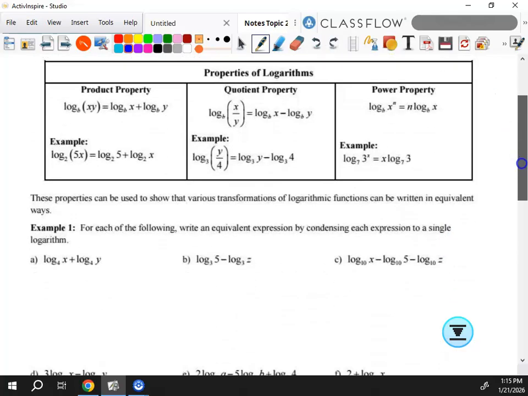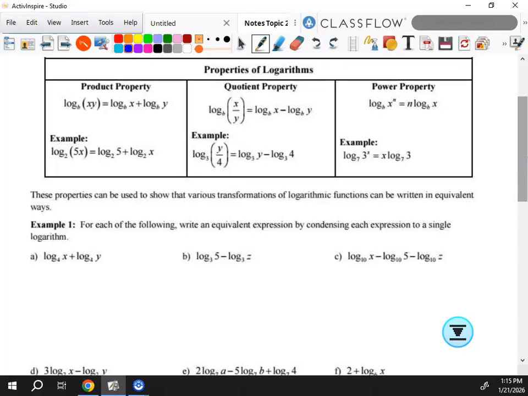So if I have the log, this tells me that it is a log. This is the base of the log. This is called the argument. The argument is xy. If the argument is a product of something, I can split it into two logs with the same base and change it to addition.